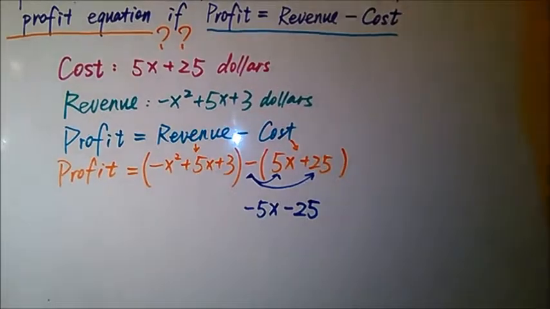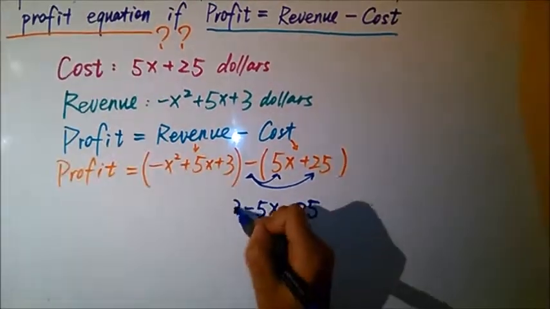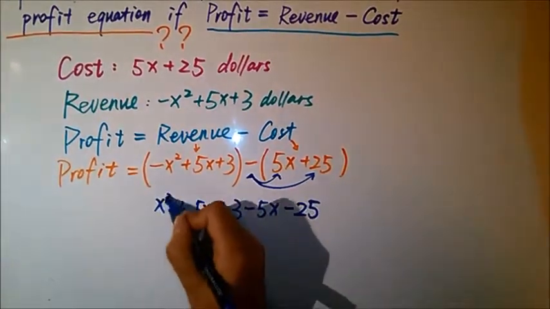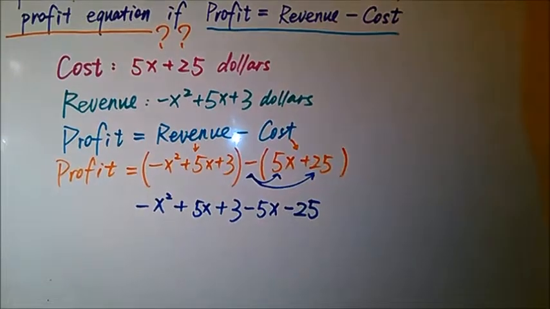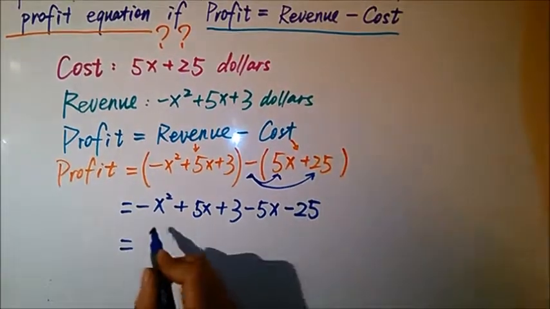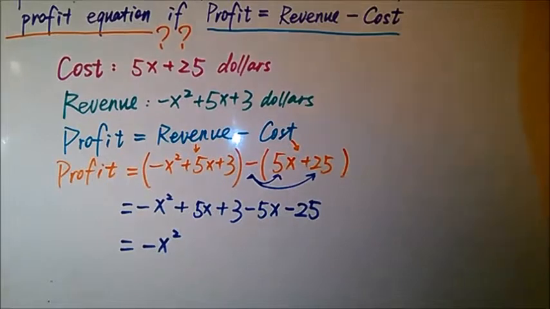Great. Now we can take out the parentheses because they're meaningless now, and put down all the terms. Now we're going to look for the same species again. Let's bring down negative x squared. Do we see any other x squared terms? Nope, so x squared is by itself. Now the next term, 5x.